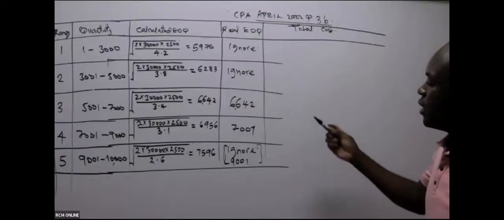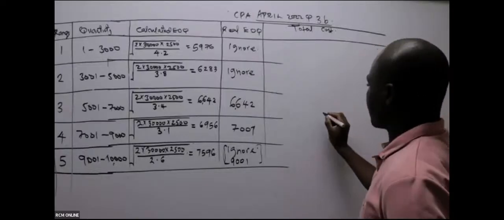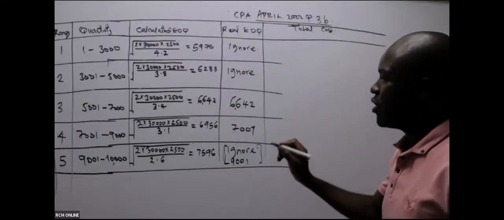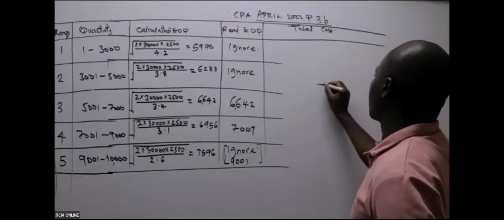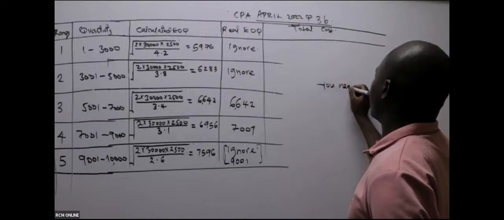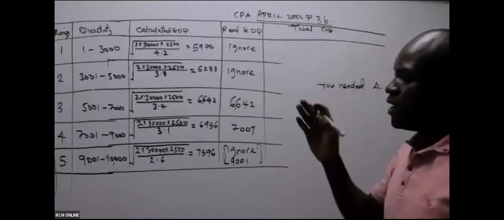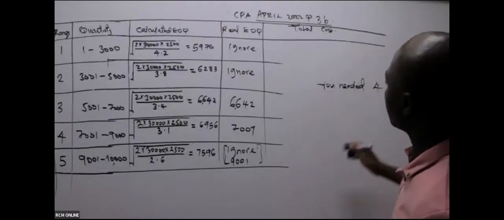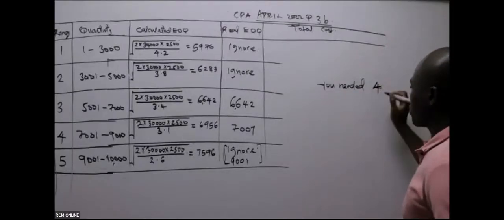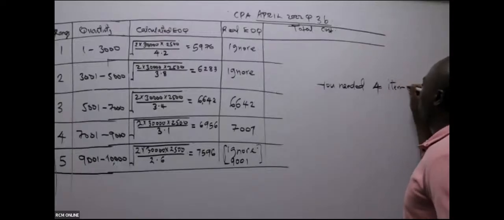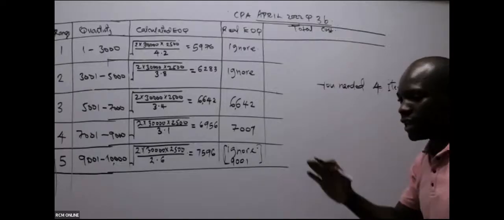You are being told if you purchase, for you to be able to get a discount and purchase these goods at 500, you must. So what you needed is 4 units. You cannot purchase anything less than 4 units because this is what you need. You needed 4 items. You will not go back home without purchasing at least 4 items.